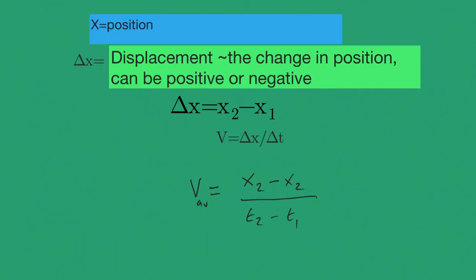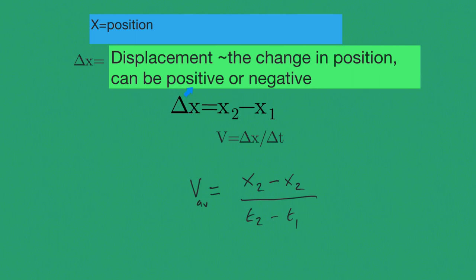Then we will describe the motion. x will be position, delta x will be displacement or change in position, and the displacement in x will be x final minus x initial. It can be positive or negative.